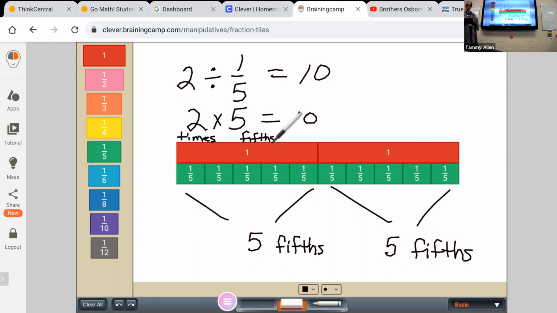Okay. Now, notice my numerator is a 1. My numerator is a 1. Okay? Notice this is a whole number. All right?